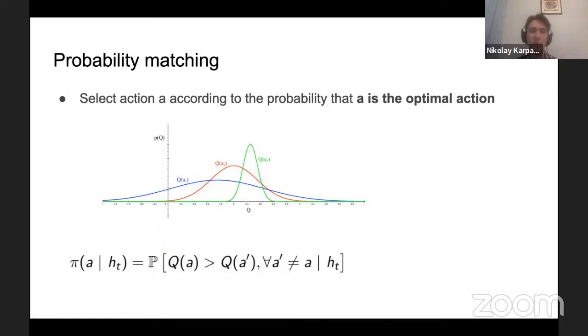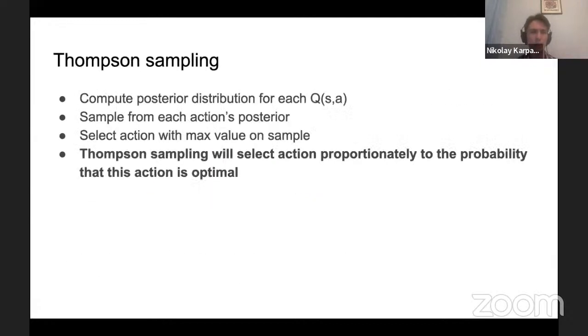Using this probability matching strategy, we can understand that this action is not better than the others using fewer trials, so to say. So that's another way to do it.